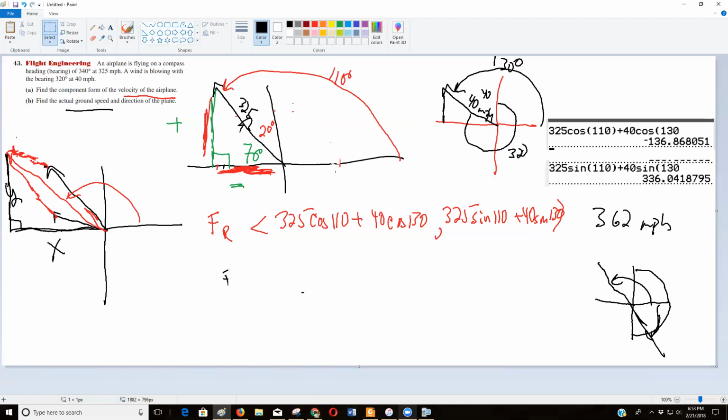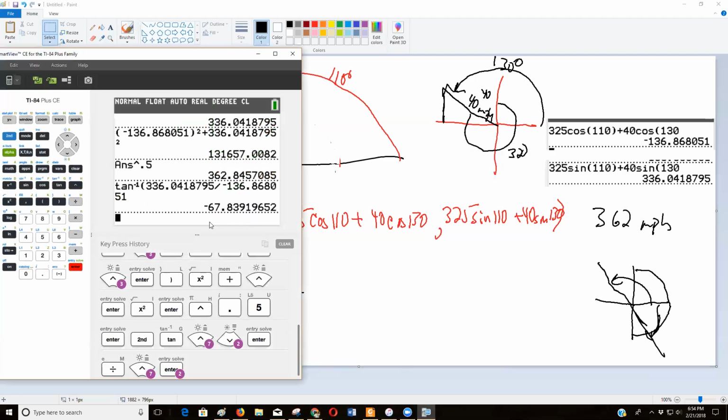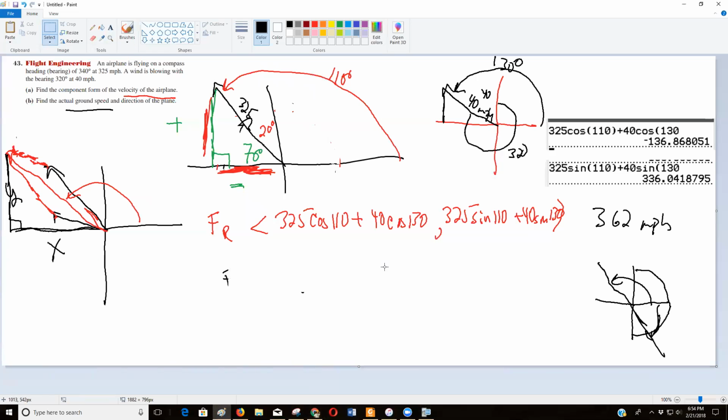So actually, I did that, didn't I? So let's see. Yeah. So I know the arctan of that is negative 67.8-ish. So negative 67.8 degrees. So that's this angle here. And I want to find this angle here.